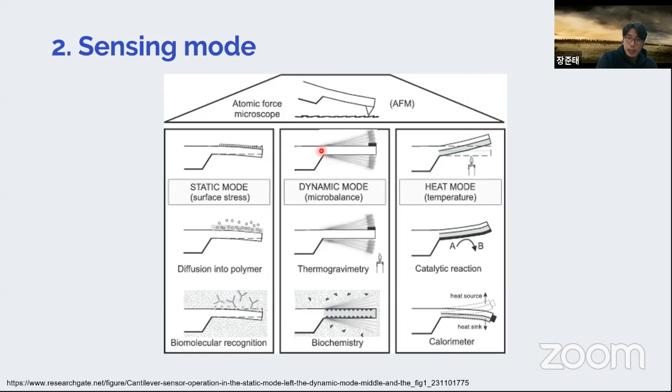And second, dynamic mode. When we use a dynamic cantilever for sensing, we measure the resonant frequency of the cantilever. To make a dynamic cantilever vibrate, we set the environment in vacuum. And on the other hand, in order to keep the cantilever static, we put it in a laminar flow of fluid.